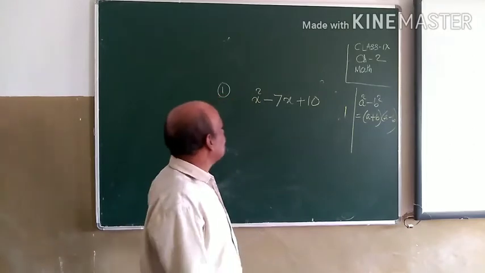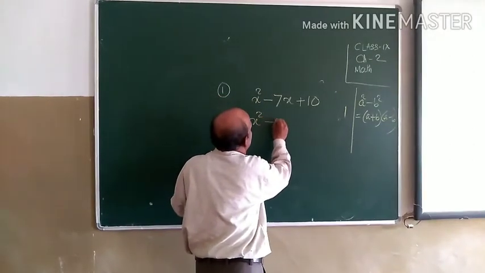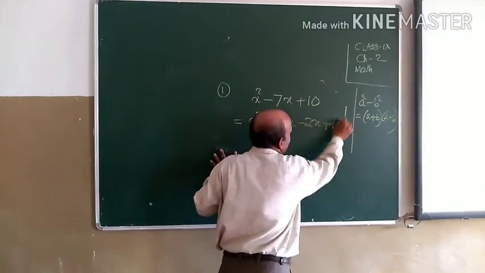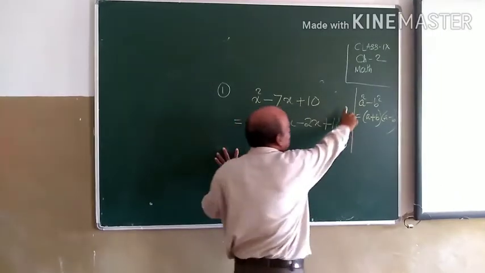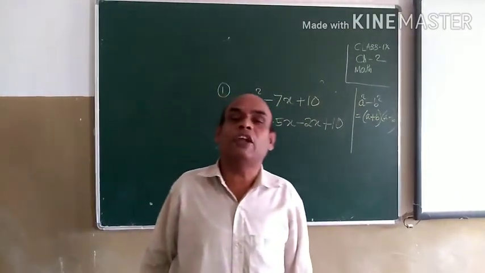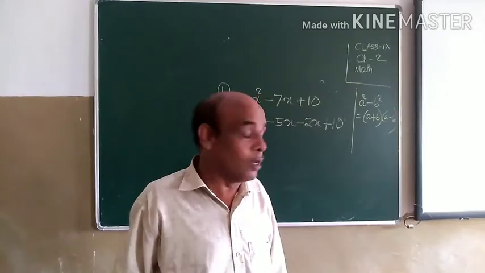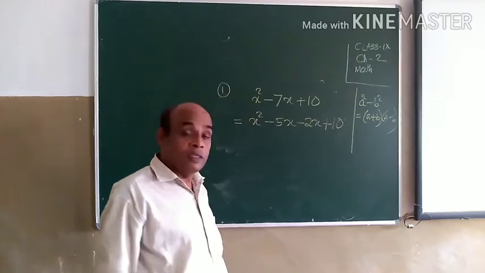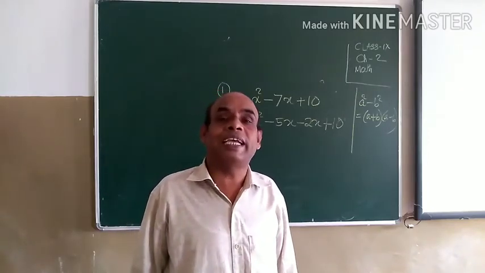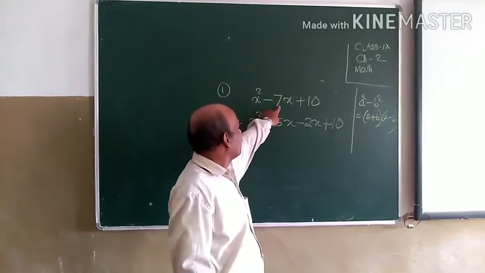So I will write it this way: x square minus 5x minus 2x plus 10. So what is the formula that we have to remember in order to split the middle term? First, you have to select 2 numbers whose addition will be the middle one.